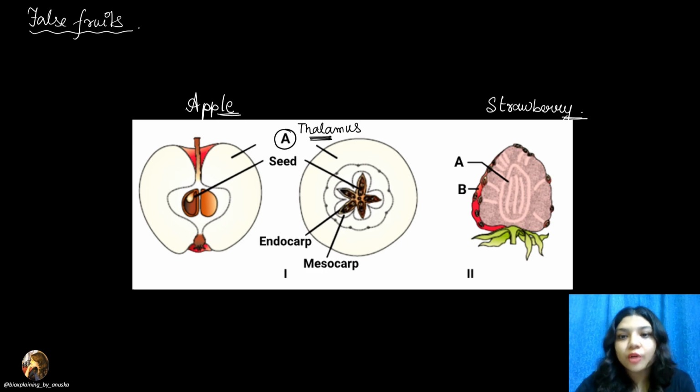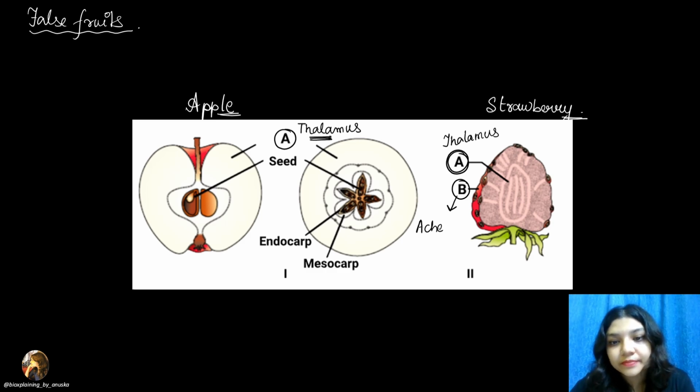In case of the strawberry, what is present? Again, this part, the central part which is marked, this is once again the thalamus only. While this B part, the outside red part, what is that? This is the achene. So what do we say?